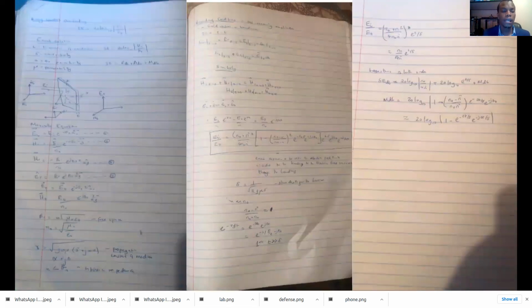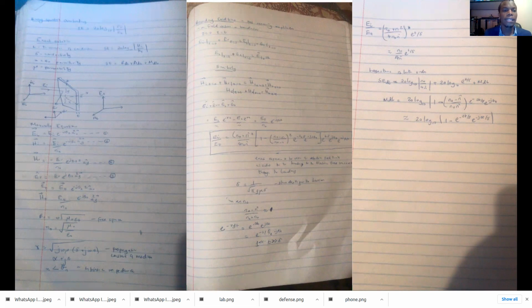From the first part to your top left, you can see SE is 20 logarithm of the ratio of EI, which is the incident electric field, over ET, which is the transmitted electric field.